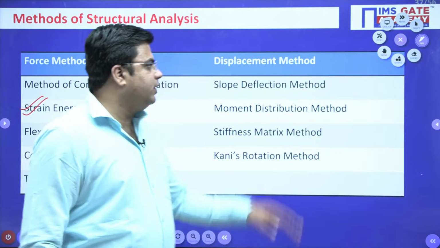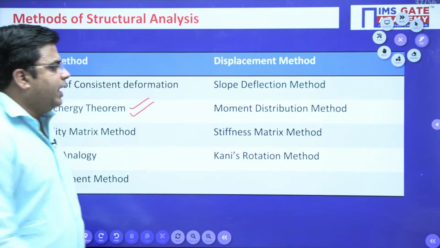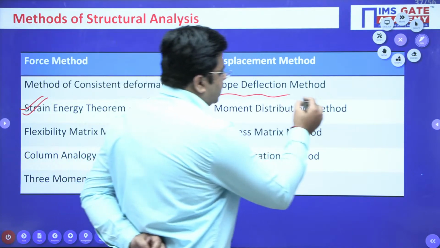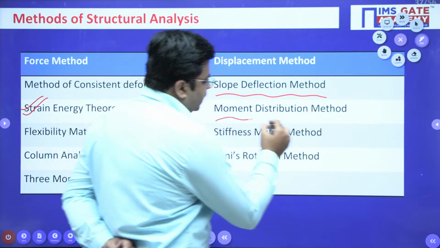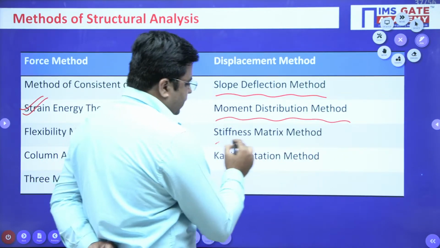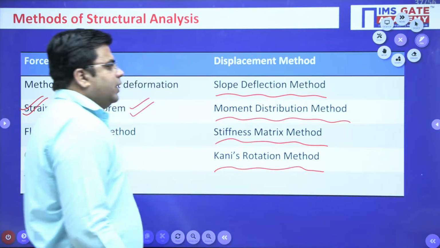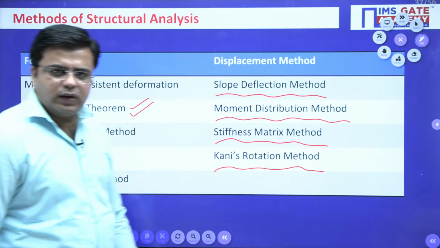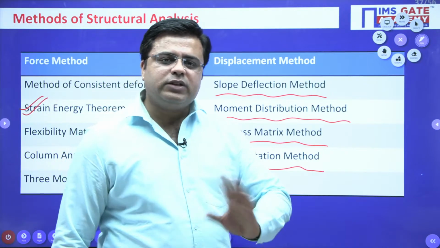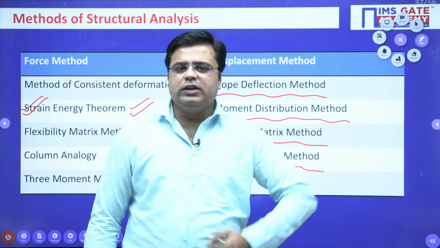Moving on with this, when we talk about the displacement method, we have the slope deflection method, then we have the moment distribution method, then we have the stiffness matrix method, and last one is the Kani's rotation method, right? So, when we talk about all these methods, usually long conventional questions are framed using these methods, right?